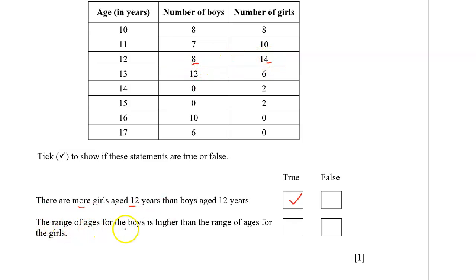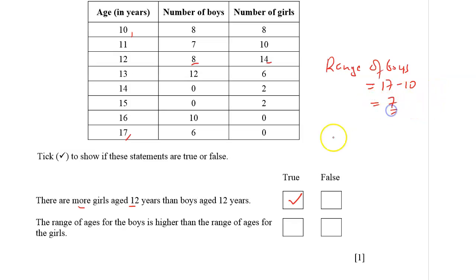The range of ages for the boys is higher than the range of ages for girls. The range of boys is from 10 years to 17 years, so 17 minus 10 gives us 7.